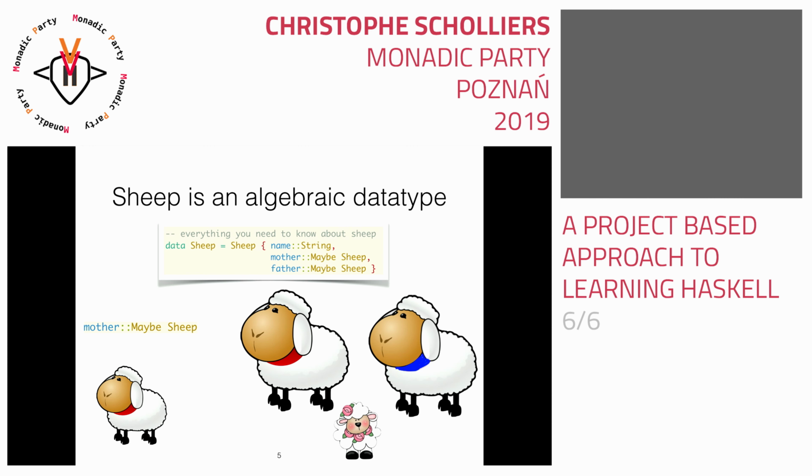And so in order to take this into account, we basically have to use this maybe thing. And so we have here a sheep. It has a certain name, and then it might have a mother and it might have a father, and so that's why we put a maybe. And so we already anticipate that we could also clone from fathers, for example, maybe in the future. So we make our code robust.